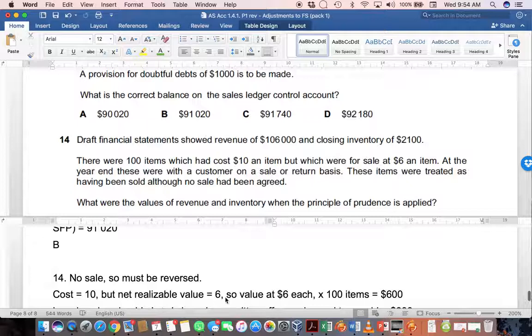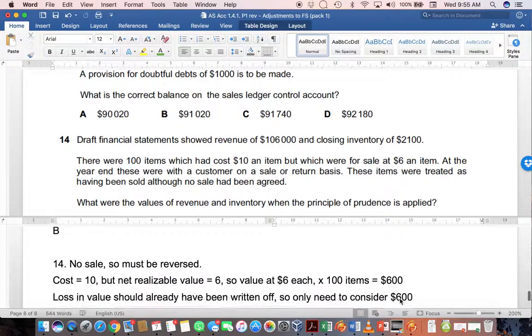The cost is 10, but net realizable value is 6, which means that we're going to value it at the $6 each times 100 items, means we're going to use $600 as the amount. Since the loss in the value from 1,000 to 600 should already have been written off before the sale was even recorded, that wasn't actually a sale, we don't need to worry about that $400.